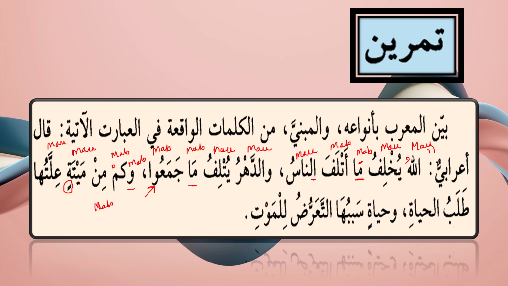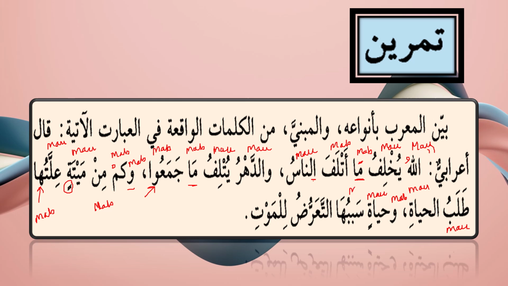Mu'rab. And ha is a damir, damirs don't change, they are mabni. Now, talabu is a noun, it will change. Mu'rab. Al-hayati, it is a noun attached with lam tarif, the sign of a noun. So it is a noun, so it will change. Mu'rab. Wa is mabni, atf is mabni, hayatin, mu'rab.